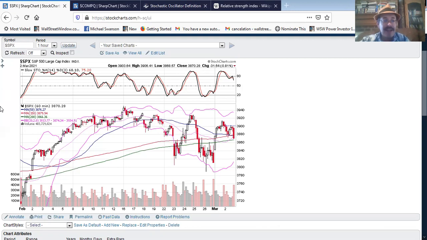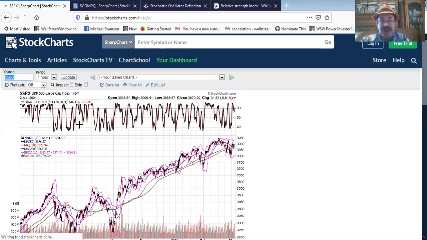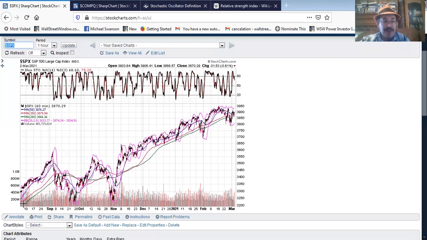However, one caveat about that: those types of readings do not work when you are in a giant stock market rally. The stock market has been in a big rally since April of 2020. If you were to use these overbought and drop-below-80 readings to sell or try to short the market, you would have made a lot of bad trading decisions.